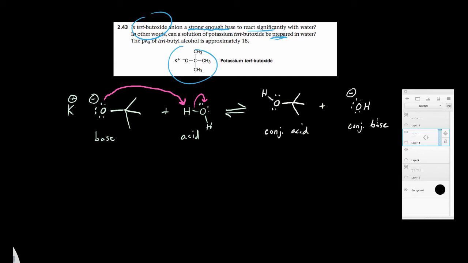Now, this is the question. Will it react significantly with water? So is this equilibrium best represented like this, with a big forward arrow and a little reverse arrow? That would indicate a significant reaction.